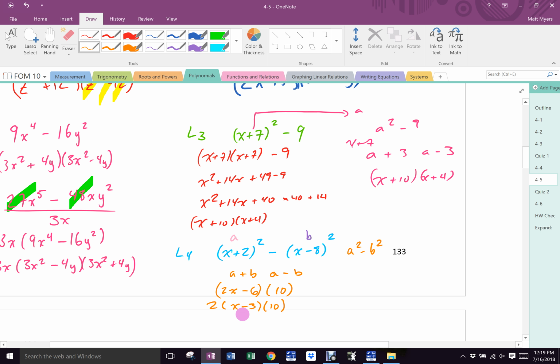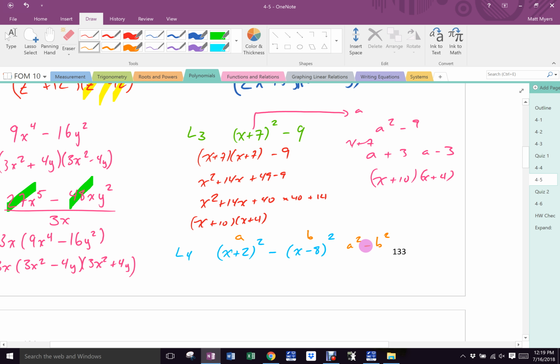Yep. So, I'm going to erase it all and ask where you're lost. Are you comfortable with calling that guy A and that guy B? Yeah, I understand. So you're comfortable with A squared minus B squared.